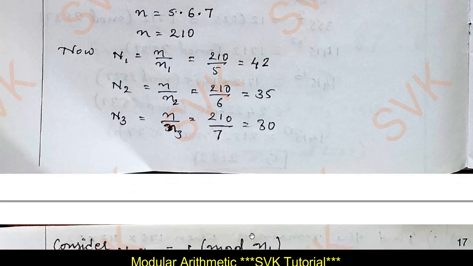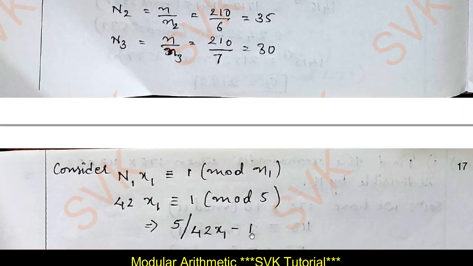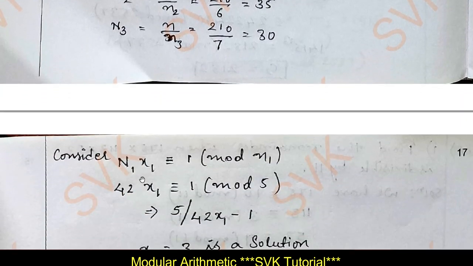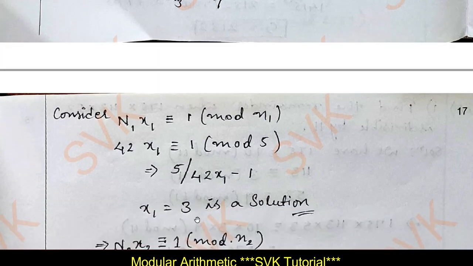After knowing capital N, we can find N1 into X1 is congruent to 1 mod n1. As we know, capital N1 is 42 and small n1 is 5. So we get 42 X1 minus 1 is divisible by 5. This is possible if and only if x1 is equal to 3, which is the required solution.